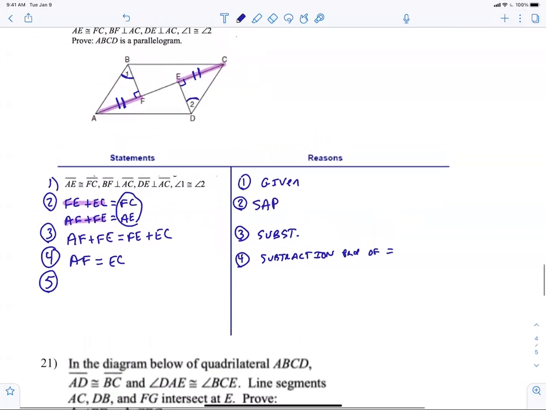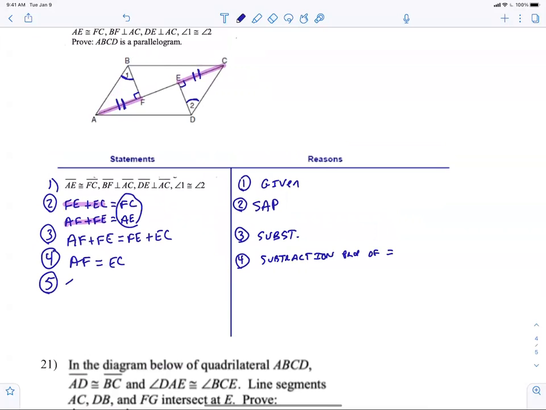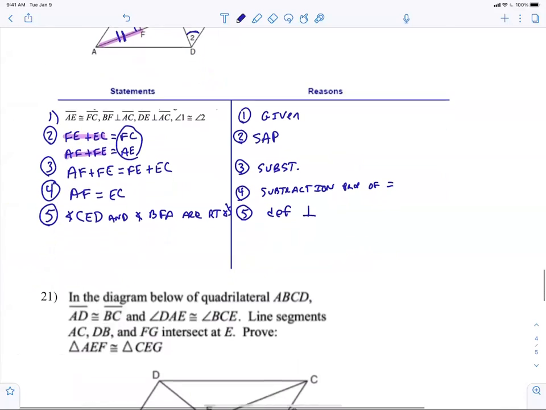So we need to do that angle CED and angle BFA are right angles. And that's why again? Yeah, definition of perpendicular.